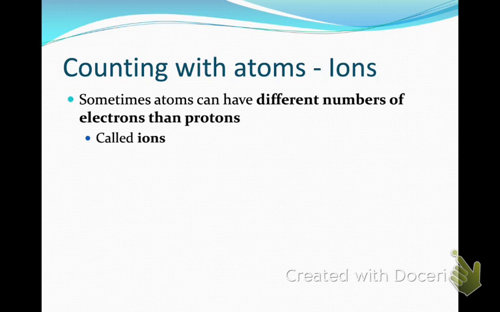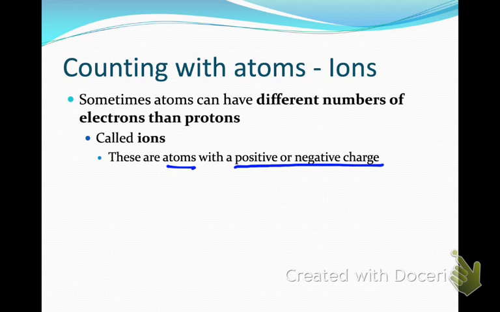Okay, if an atom has a different number of electrons than protons, it is called an ion. And so an ion is really any atom that has a positive or a negative charge.